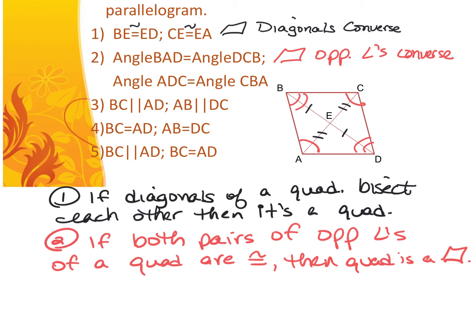For number 3, this one is giving me that BC is parallel to AD, that parallel mark, and AB is parallel to DC. This is the definition of a parallelogram. So number 3, definition of a parallelogram.